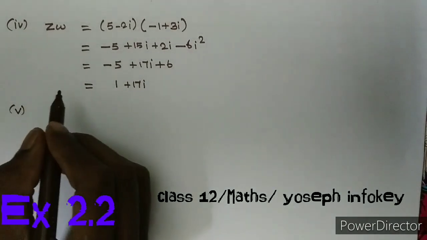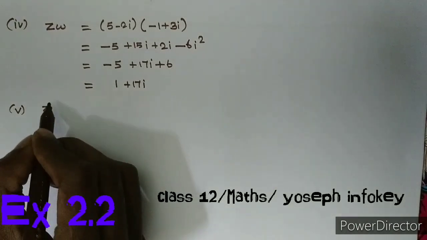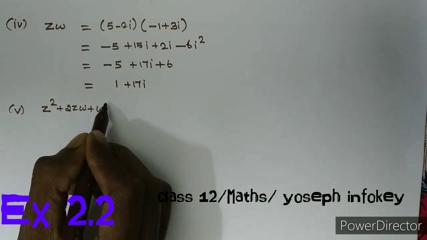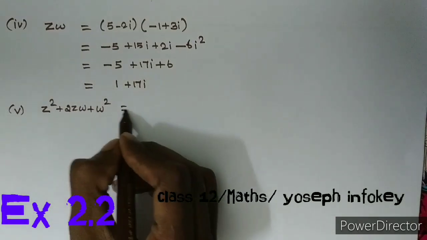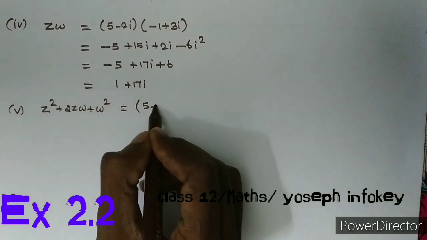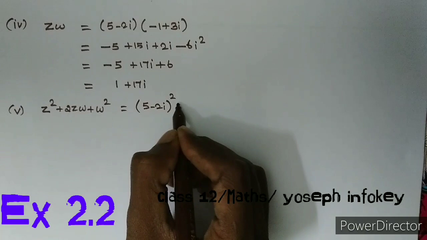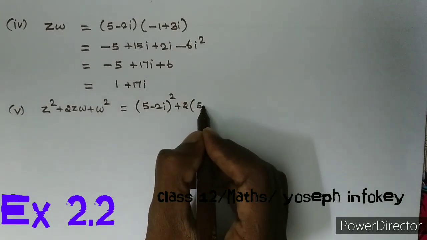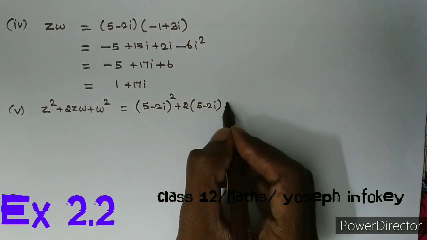Then subdivision number 5. Z square plus 2ZW plus W square. Z value 5 minus 2i, the whole square, plus 2 into Z into W plus W square.